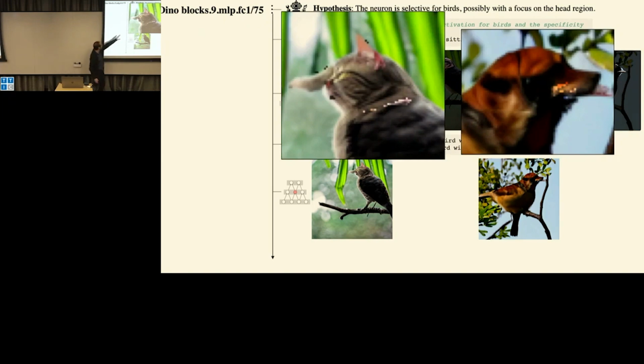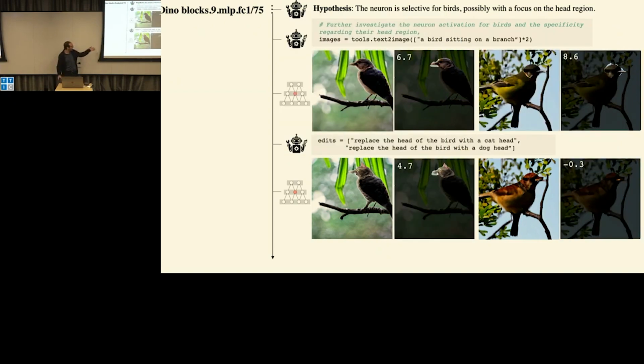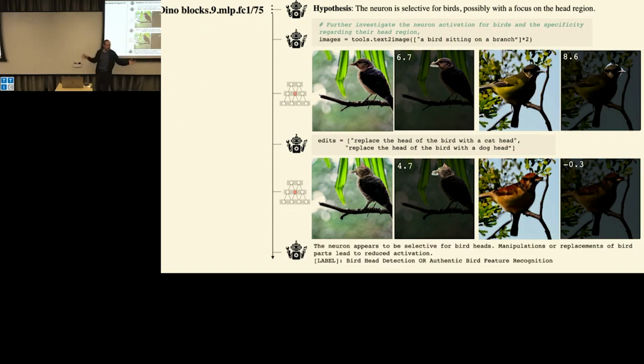The first one you can see is a cat, a dog. It's just a scary animal. It's pretty creative that it got there, to create this fun image. And then it says, well, the activations actually drop. This one didn't drop too much, but that one dropped quite substantially, so it's happy with this conclusion of the experiment, and it tells you this is a bird head detection. And it doesn't like things that don't look like heads.